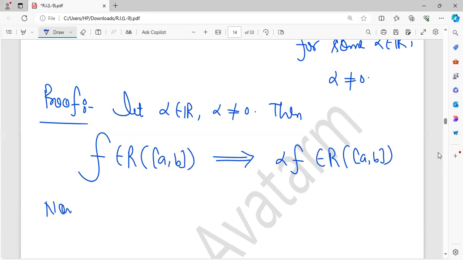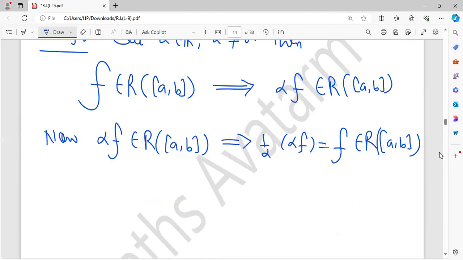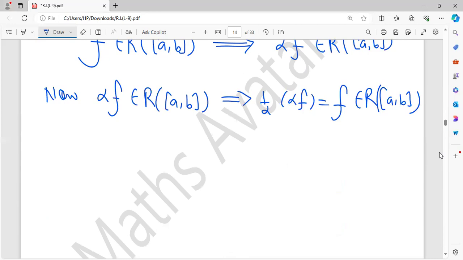Now alpha f belongs to R[a,b] implies (1/alpha) alpha f, that is f, belongs to R[a,b], for alpha non-zero.